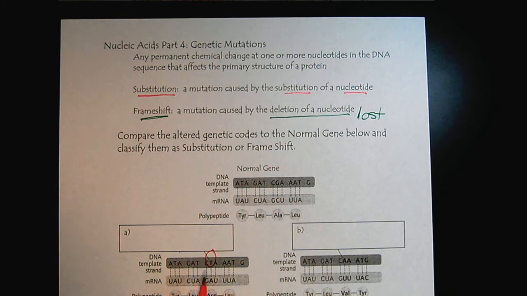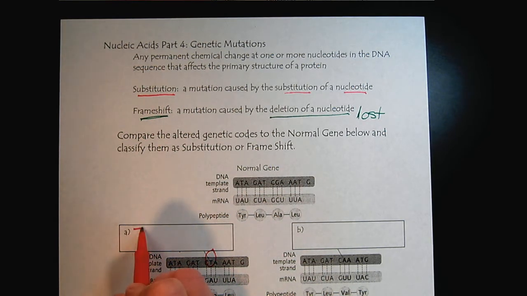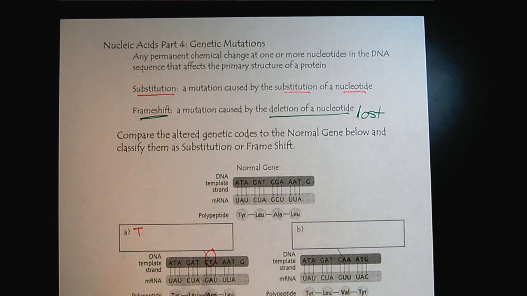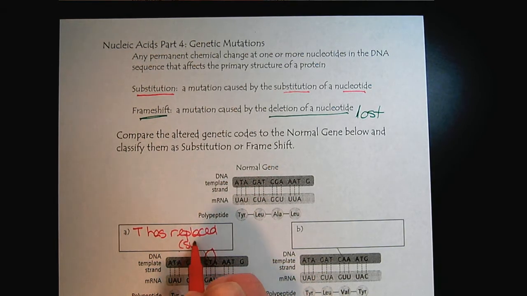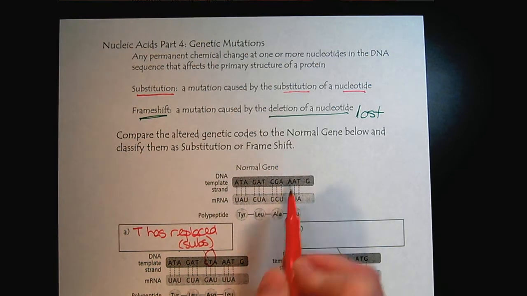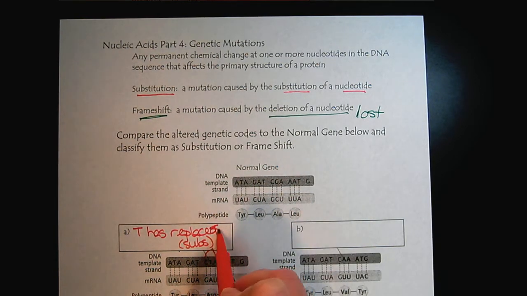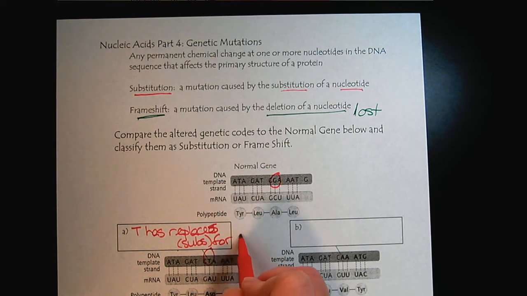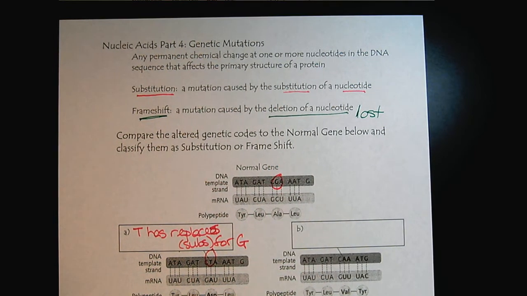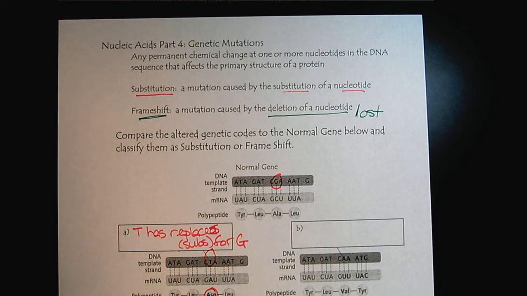So we notice that everything is the same except that the T has been replaced or substituted, right? Actually it replaces or substitutes for the G. Okay, and so then we note what happens there is that we want alanine and we end up with aspartate.